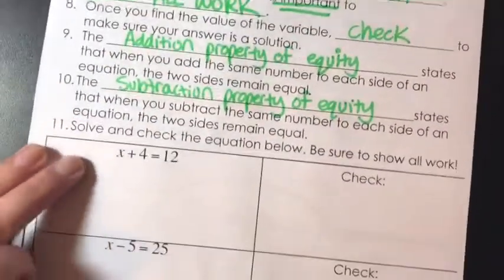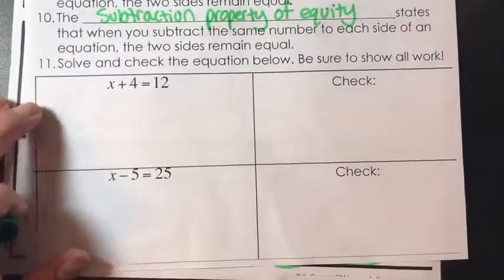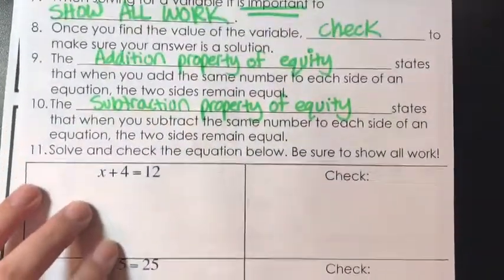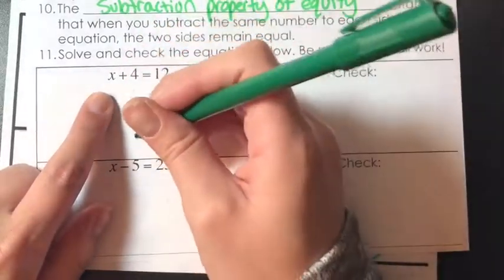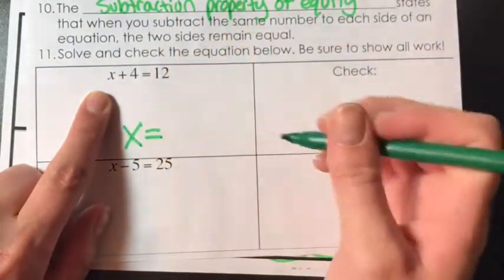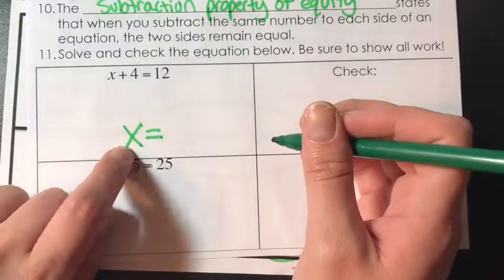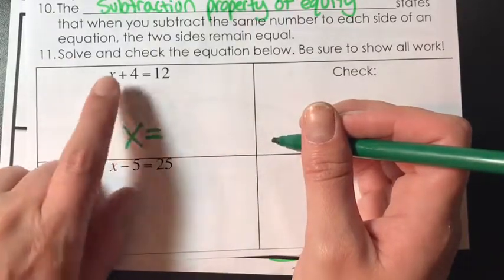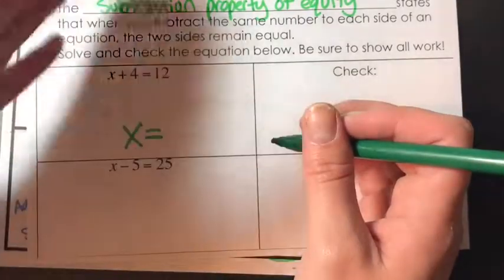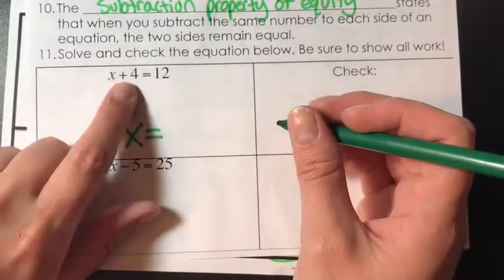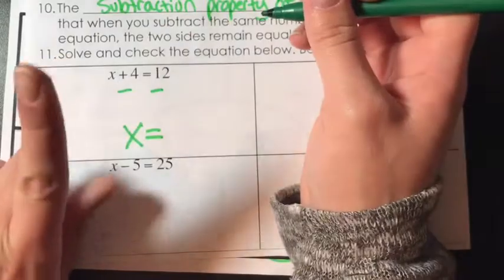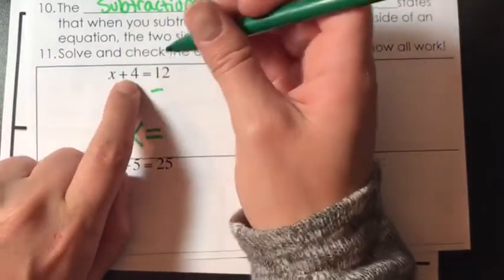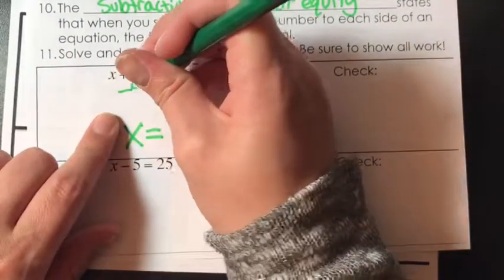All right, let's try a couple together. So I have x plus 4 equals 12. I eventually want x isolated by itself. So I'm going to put this down here to remind me. I need this and a value on the other side. But there's this 4 in the way. I got to get this out of here. So I need to do the opposite of addition, which is subtraction. What am I going to subtract on both sides? Well, I need the 4 gone, so I want to get rid of 4.